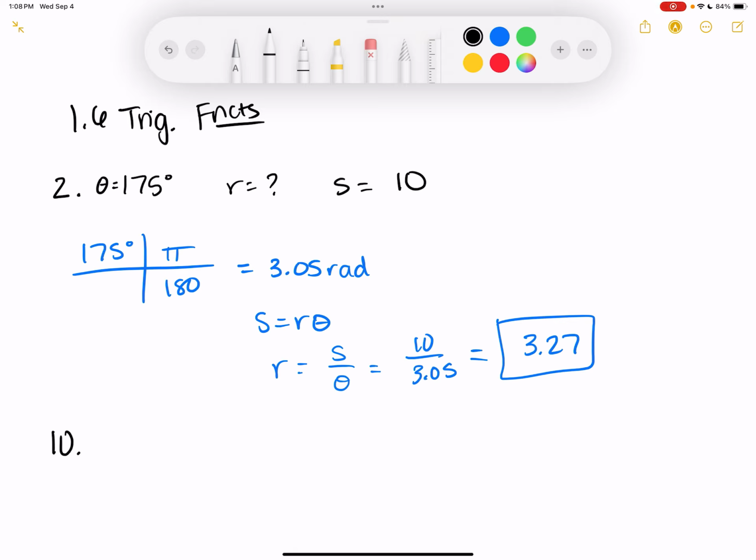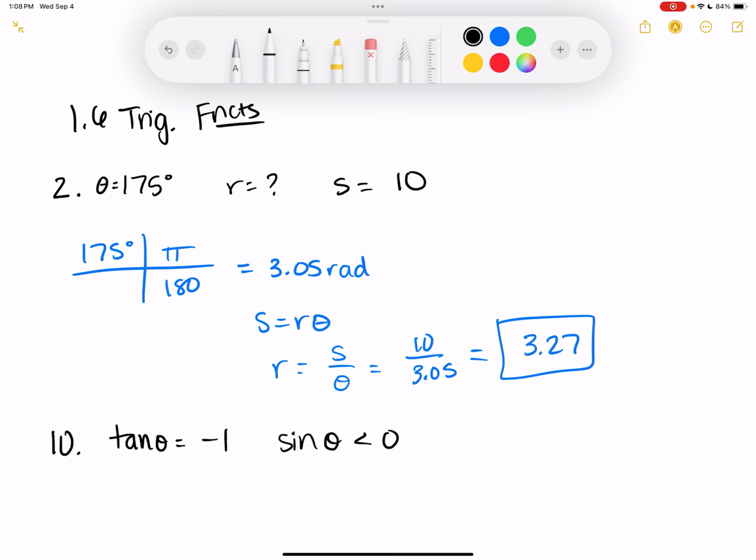Number 10 says to find all the trig values of theta with the given condition. They tell us that tangent of theta is -1 and sine of theta is less than 0. So what quadrant does this have to be in? I say 4. Yes.